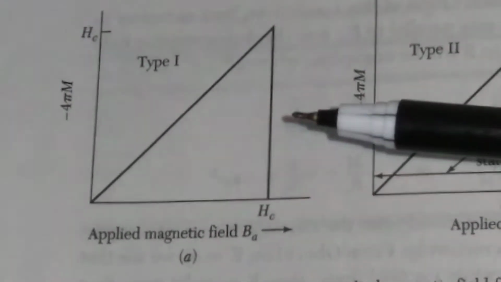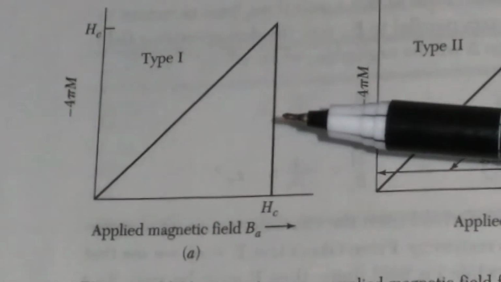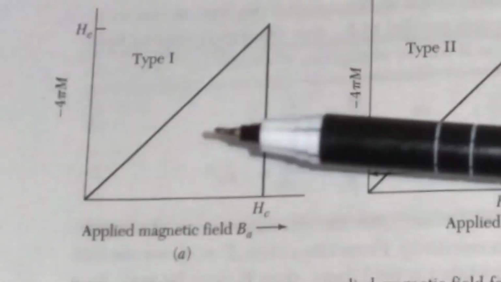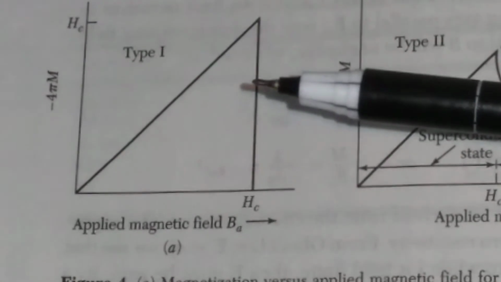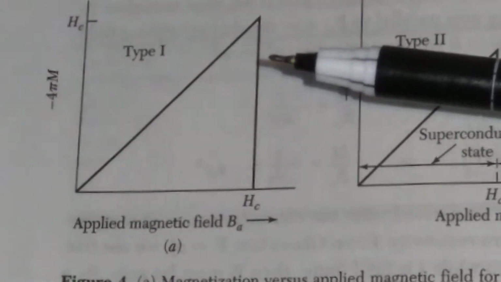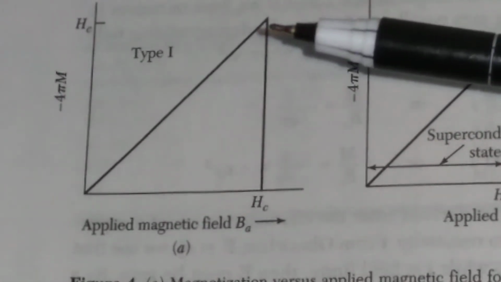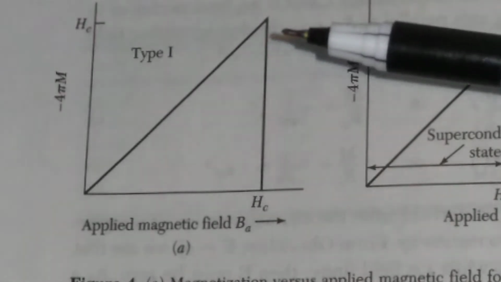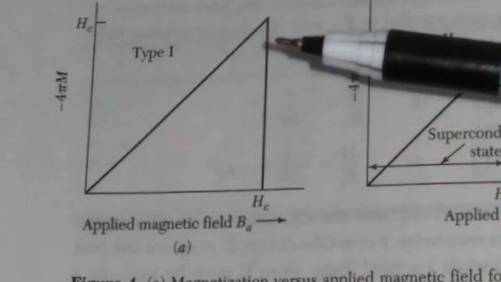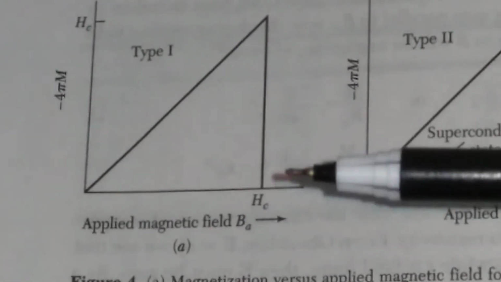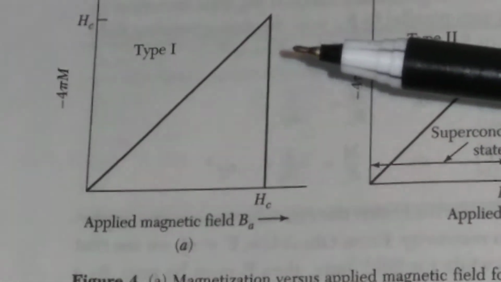As shown in the figure, the magnetization increases with the applied magnetic field until a critical field is reached. This is the critical field Hc. So until the critical field Hc, when you increase the applied magnetic field, the magnetization increases.